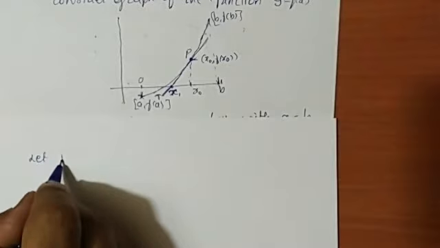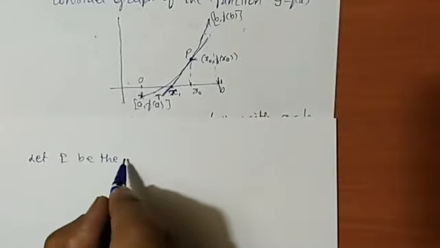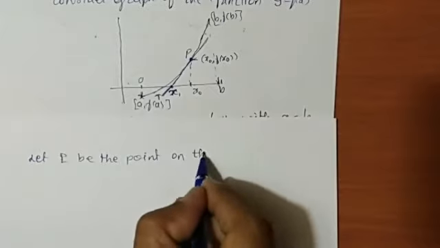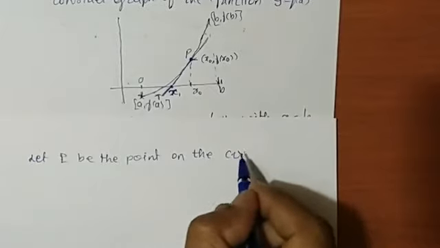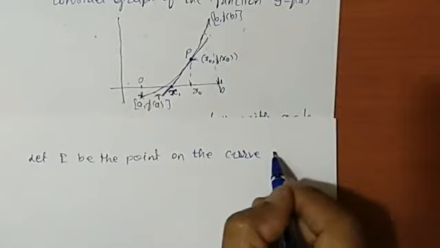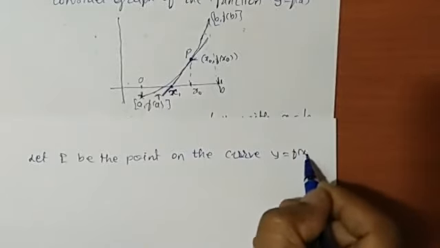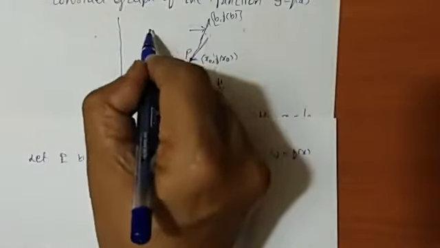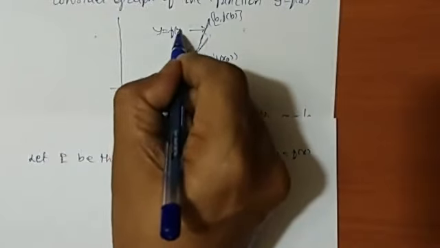Let P be the point on the curve y is equal to f of x. That is this curve. This curve is y is equal to f of x. Right.